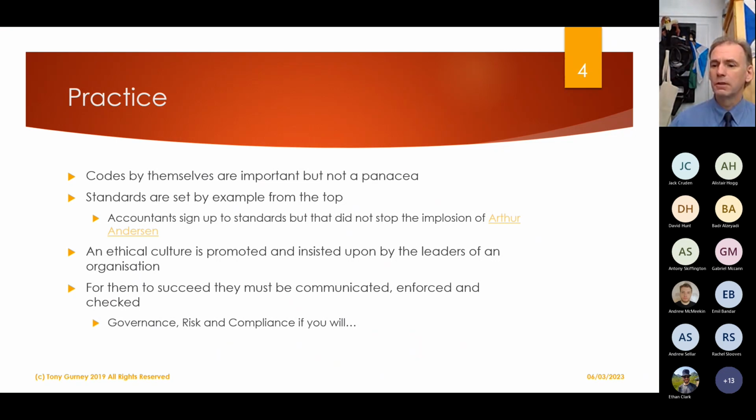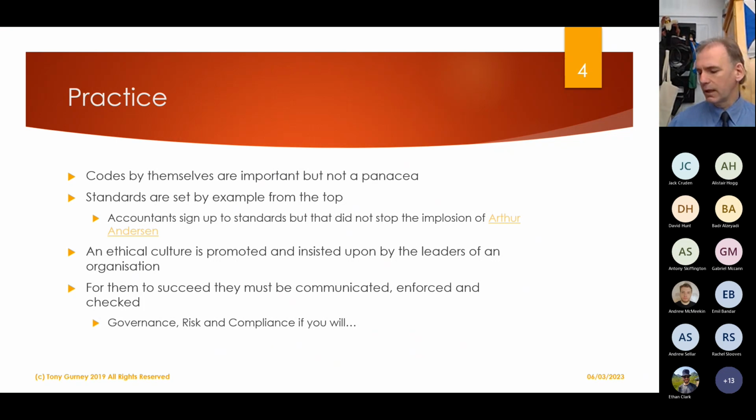And we talked about Arthur Anderson a few weeks ago, the accountants who were supposedly checking an organisation's accounts to make sure that they were fair, but at the same time, they were working for them on a consultancy basis.